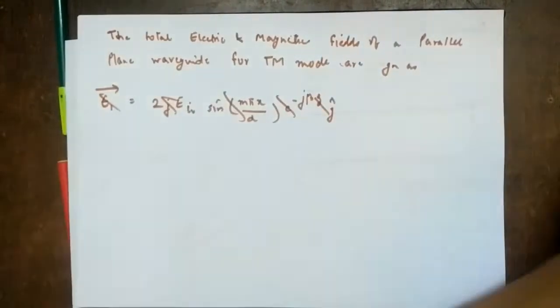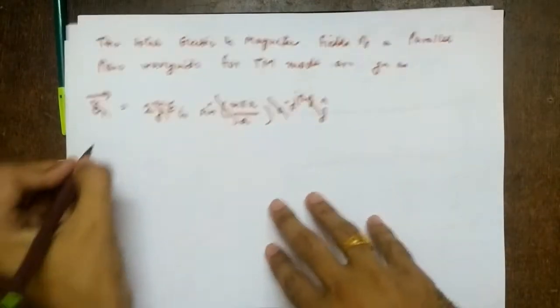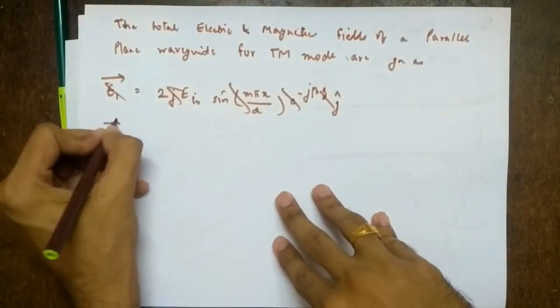So what was I doing? I was writing the equations for TM mode, right? Obviously, I am referring from the book.